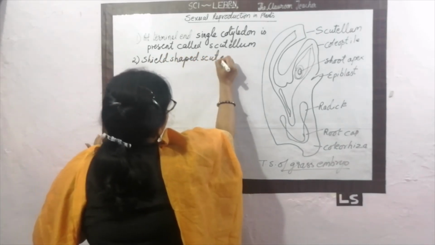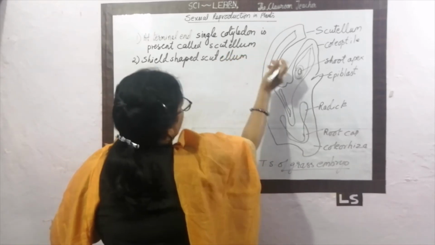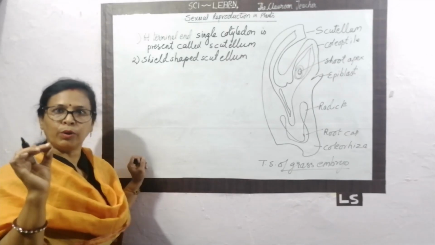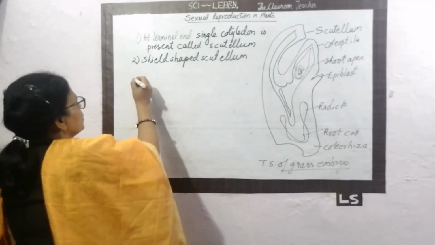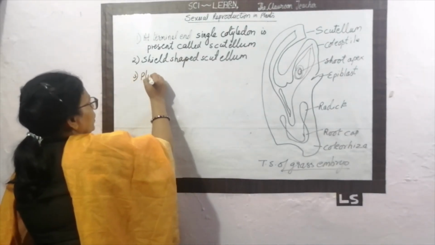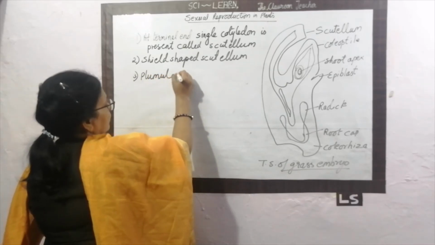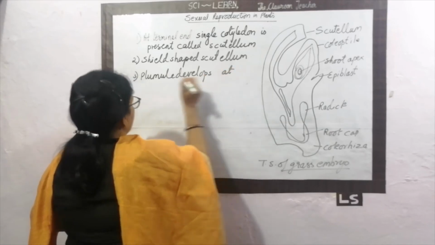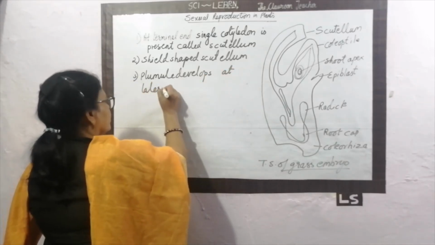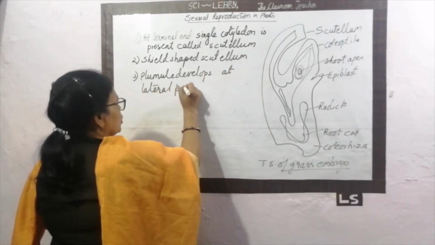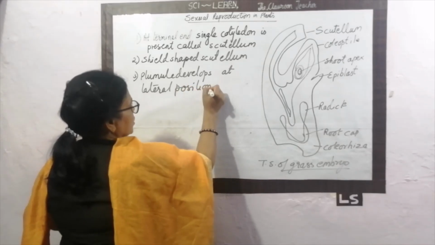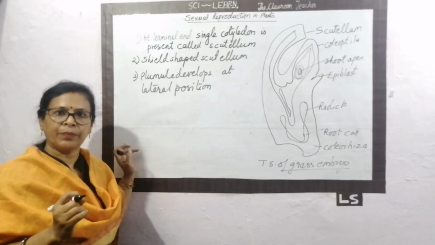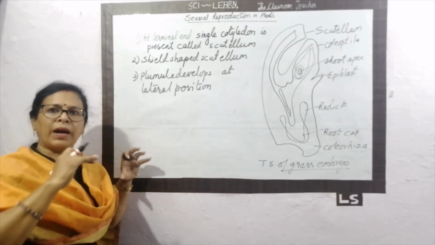This is the part which further develops into the plumule. The plumule is developed from the lateral position. The lateral position is clearly visible there as a shoot apex. The plumule is protected by a cover.